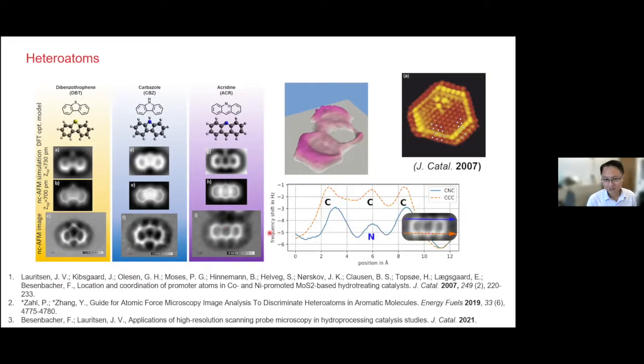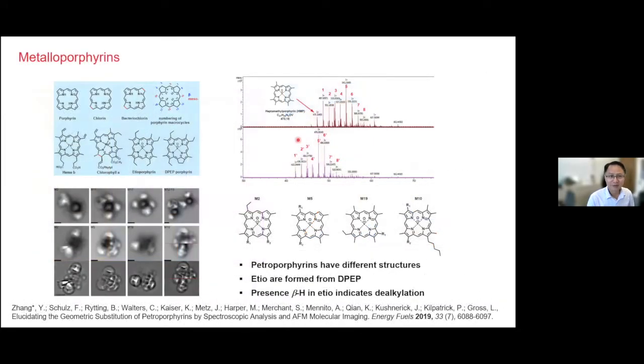For example, by measuring the frequency shift at each atom, we can characterize them. Another important problem is the metal-containing compounds. These are also known as catalyst poisons. So in this work, we study the geochemistry problems.